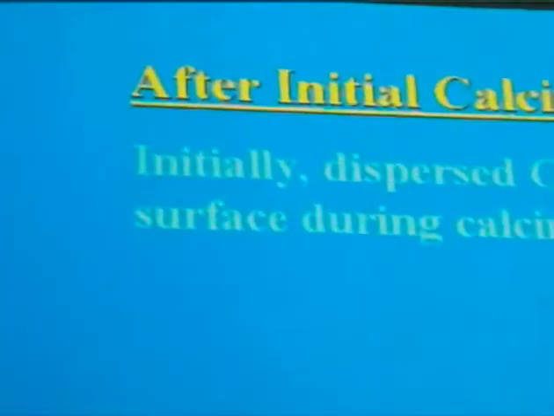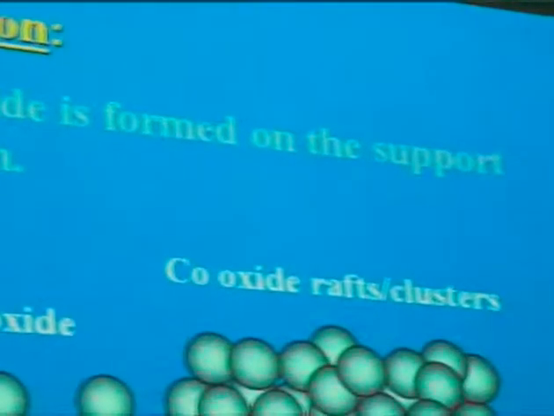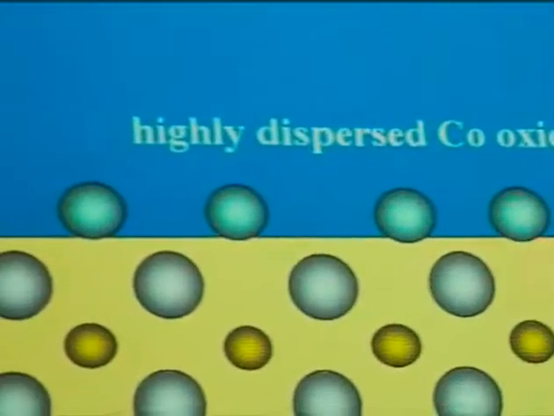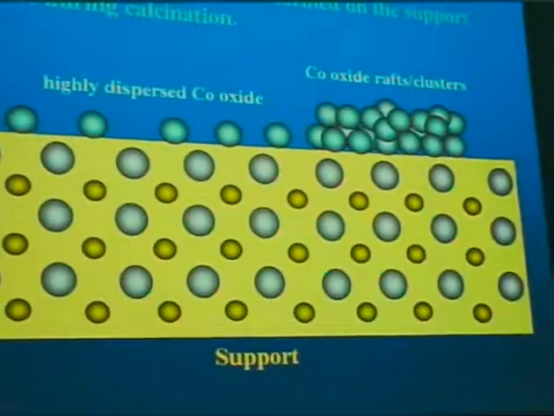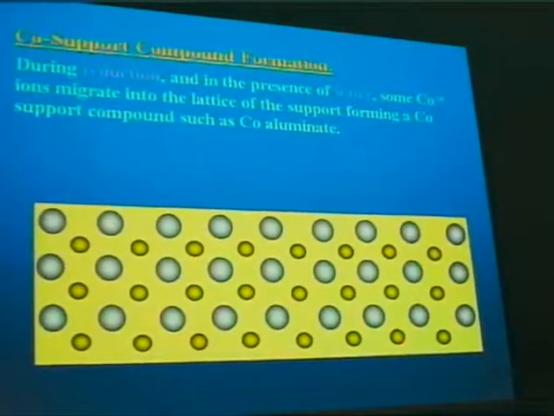And what's a talk without a cartoon? There's the support. What typically happens as you put cobalt on the surface and go through calcination is you make cobalt oxide rafts or clusters, some highly dispersed cobalt oxide, and that's probably the situation there.